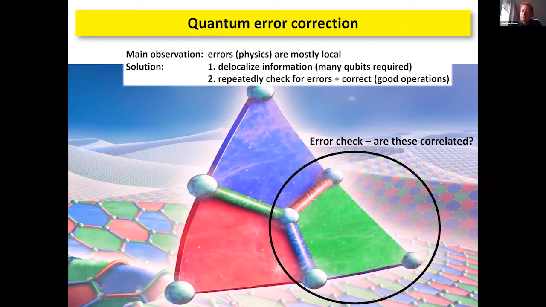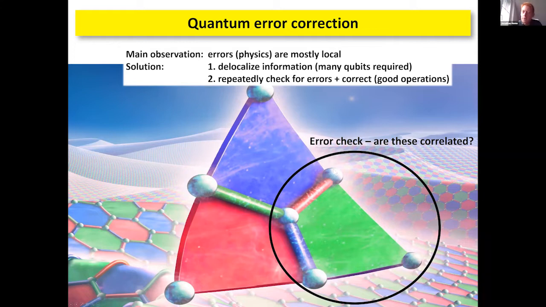So instead of saying, is this specific bit 1, is this one 0, is this one 1, you ask the question, are all of these quantum bits the same value? They may be all at 1, they may be all at 0, or the more usual thing is to say, are an even number of those at 1 or an odd number of those at 1? These correlation measurements are what form error checks.